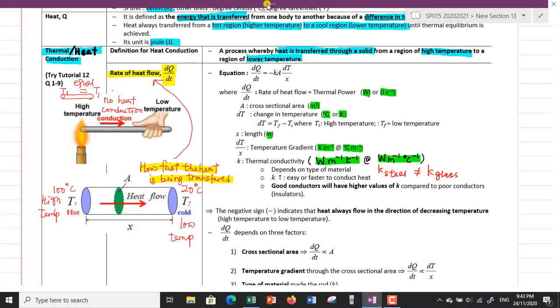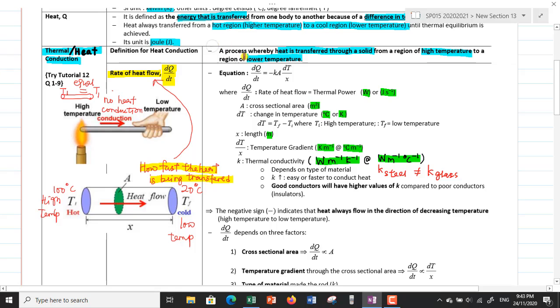You will notice a very important thing in the equation: we have a negative sign. Do not ever leave out the negative sign. The negative sign is a must. Why? Because the negative sign indicates that the heat will always flow in the direction of decreasing temperature.